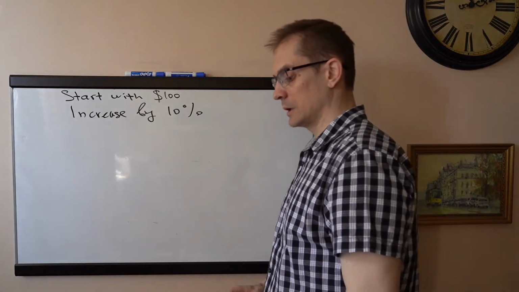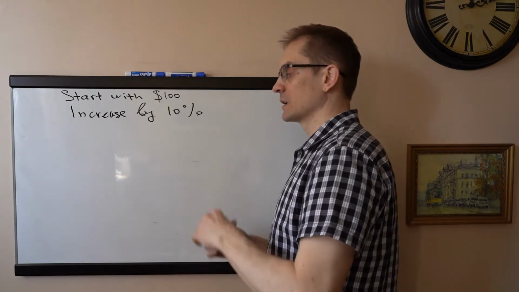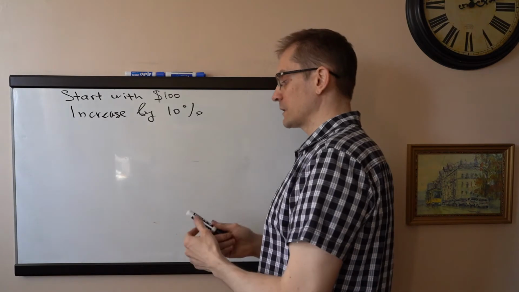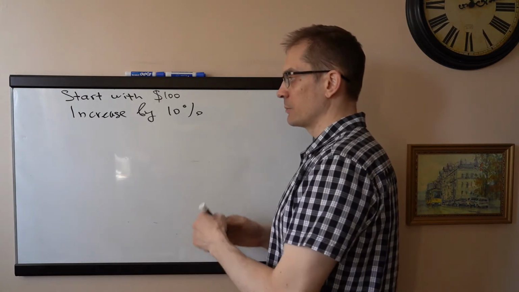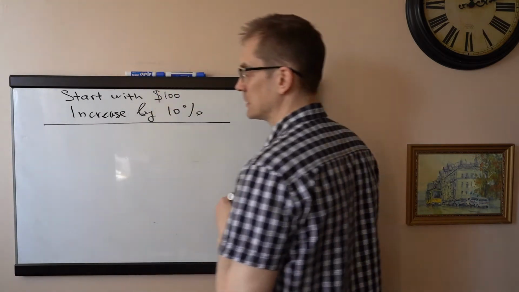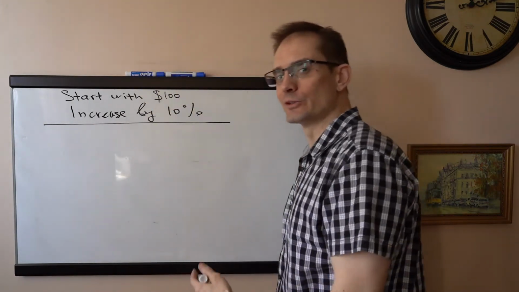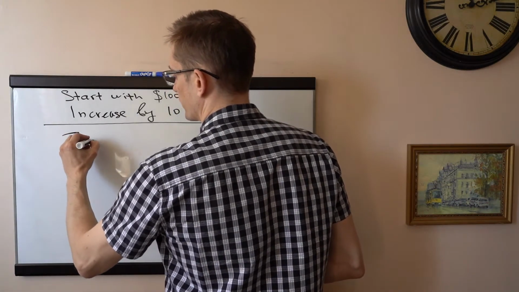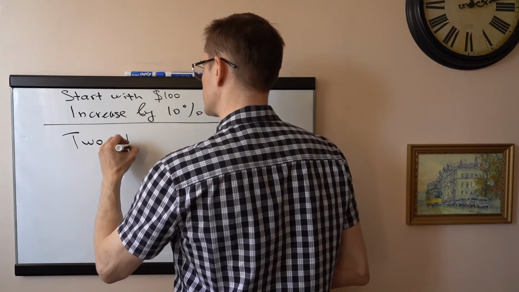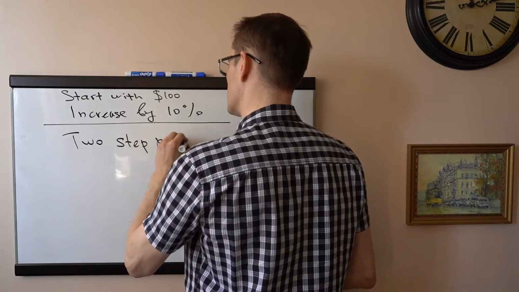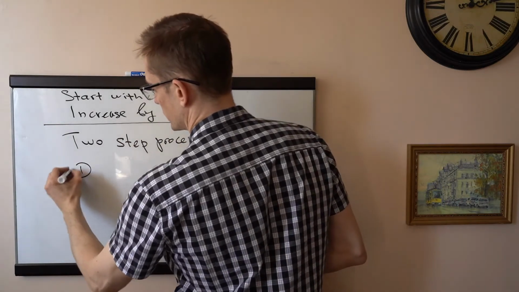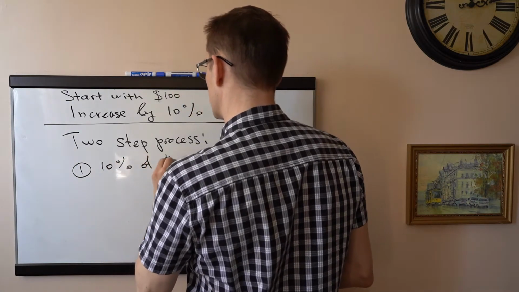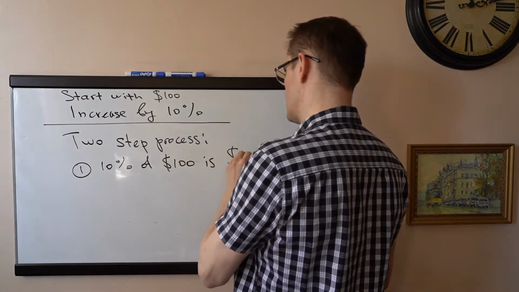Now, as I already told you, increasing means adding: finding 10% and adding it on top of that amount. So the first thing that everybody would do to solve this problem, 99.9% of people, would be to solve it as a two-step process. First step, 10% of 100 is of course $10.